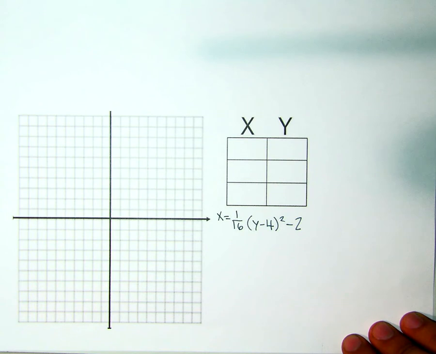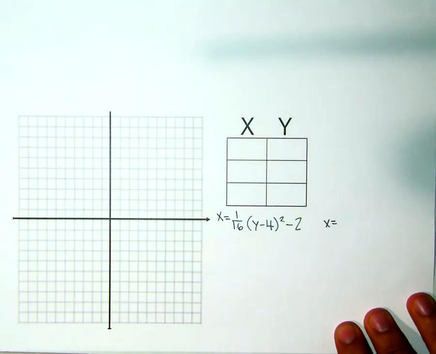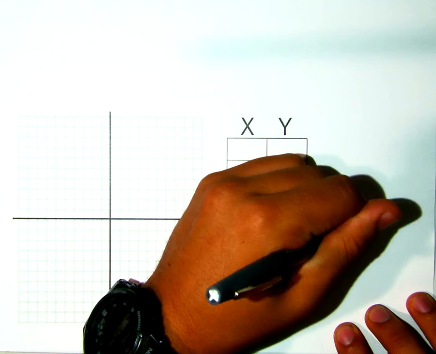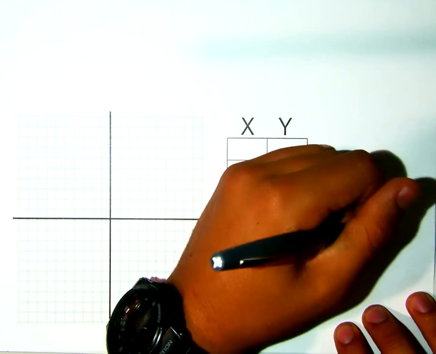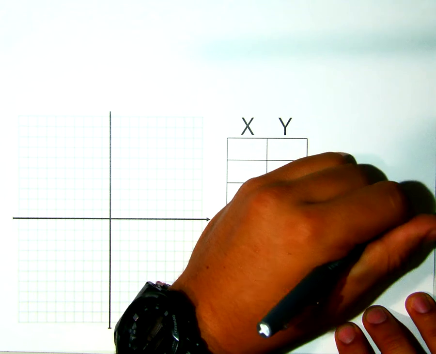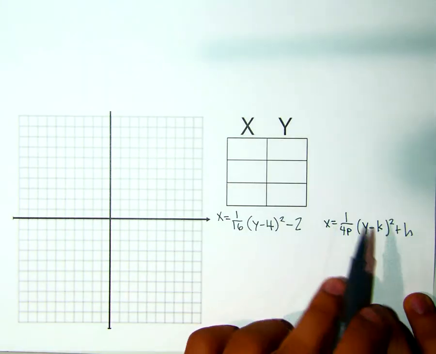So the standard equation for x equals is going to be x equals 1 over 4p times y minus k squared plus h. Are these two equations similar?